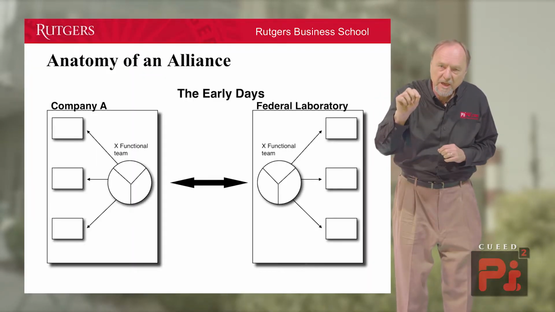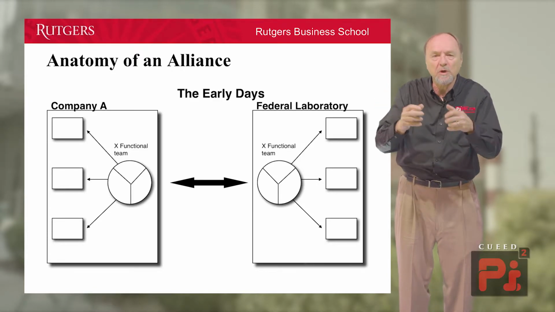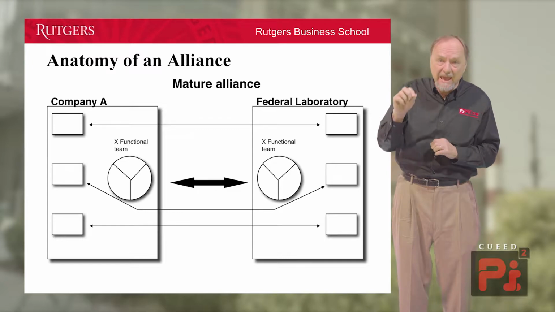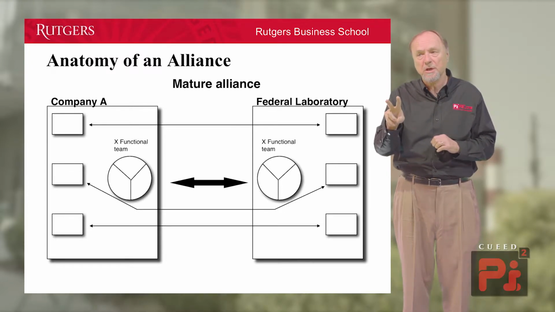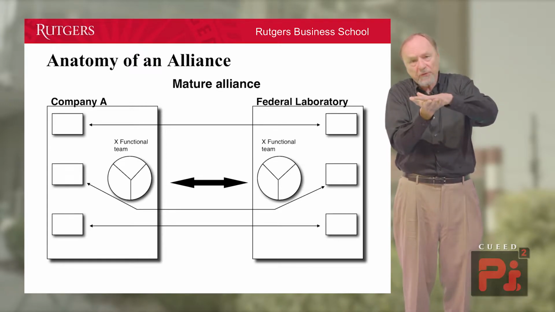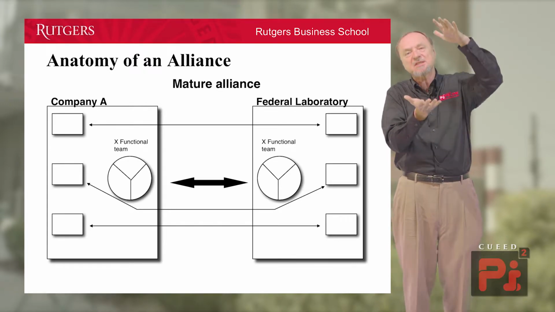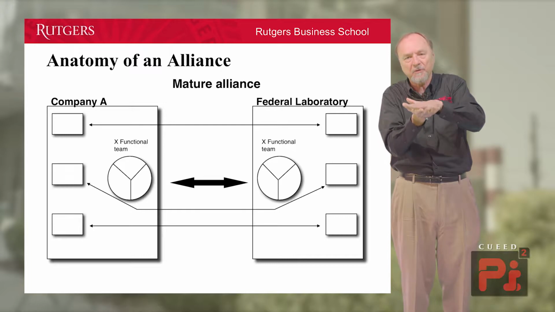During the early days of the alliance, particularly during the join-up session, the communication structure between the two firms is represented by that big, heavy double arrow in the center. The communication structure is really between the two cross-functional teams. That's at the beginning of the join-up session. By the end of the join-up session, a second communication structure has emerged, and it overlays the first. So the first one's still there, but the second one emerges and sits on top of the first.